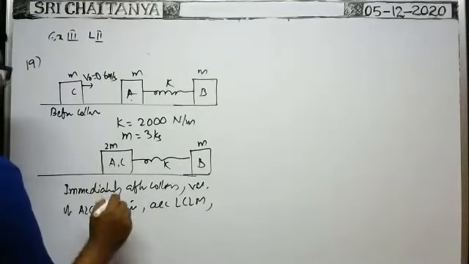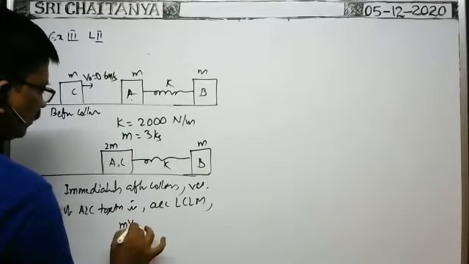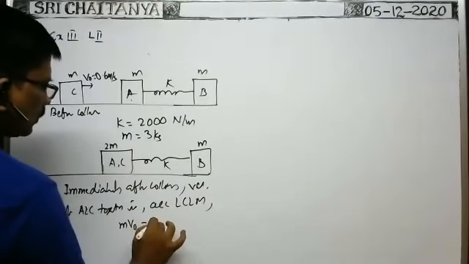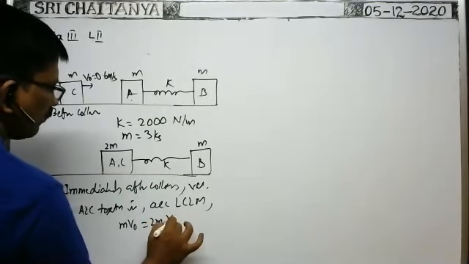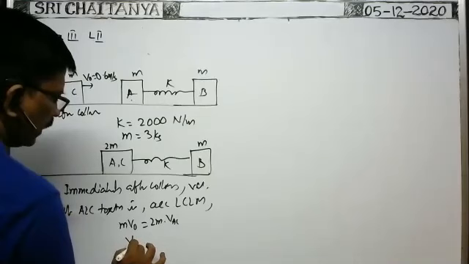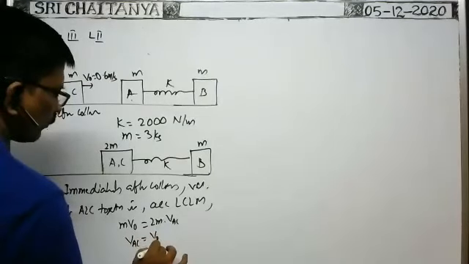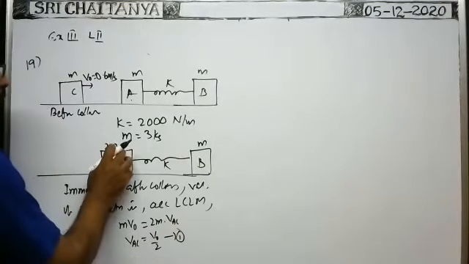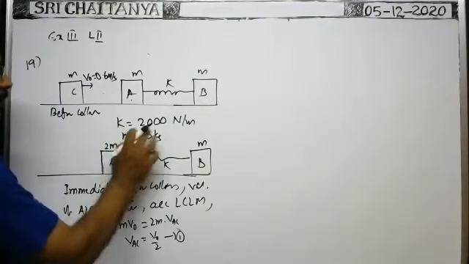Before collision, the momentum is m into v naught. After collision, as the two blocks stick together, it is 2m into the common velocity of AC, VAC. So VAC is equal to v naught by 2. This is equation 1.